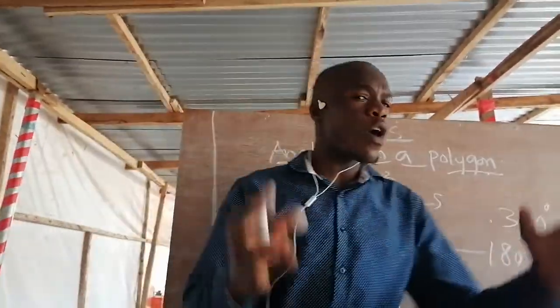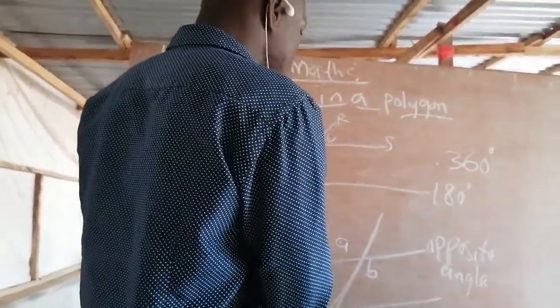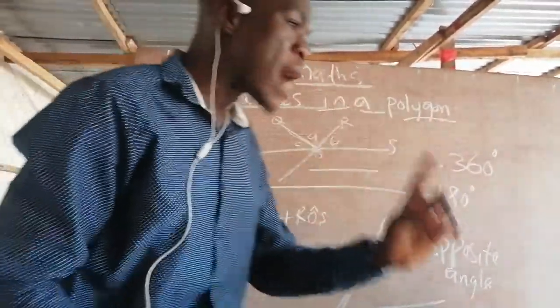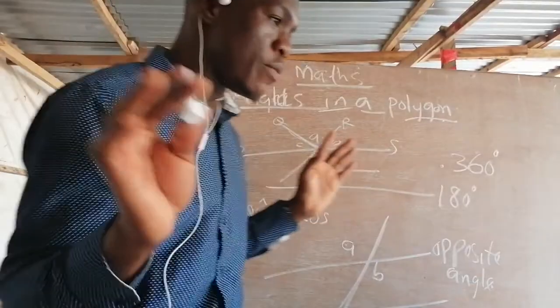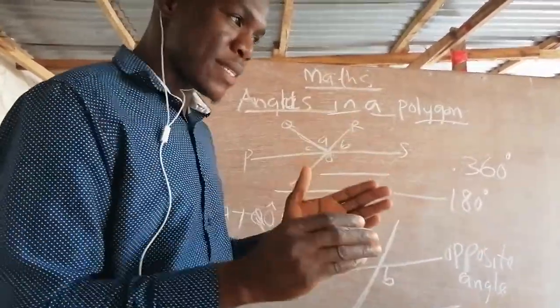Because I told you angle on a straight line, it is what? 180. So any angle that you are dealing with, if I just draw a single straight line like this, it is 180 degrees. Believe me. Angle at a point, it is 360.